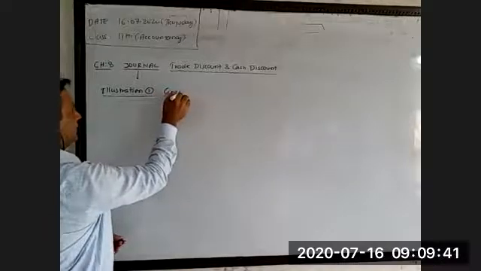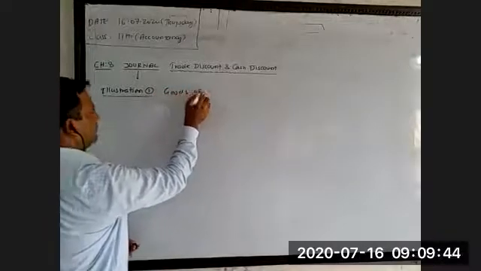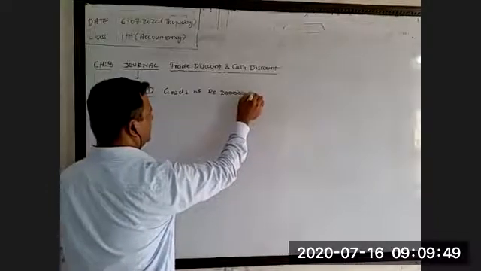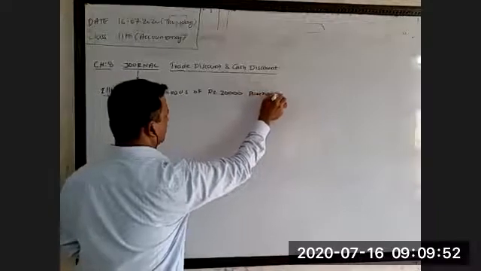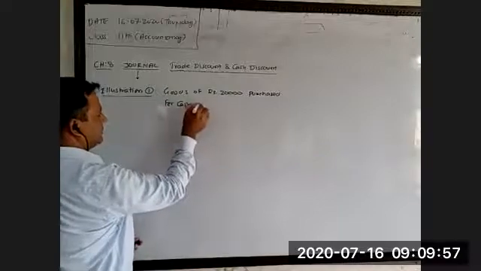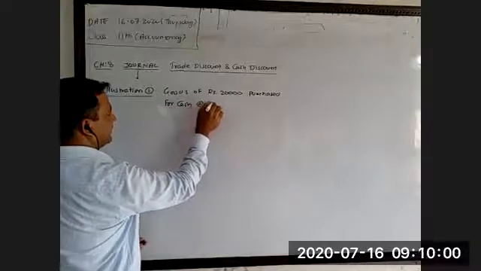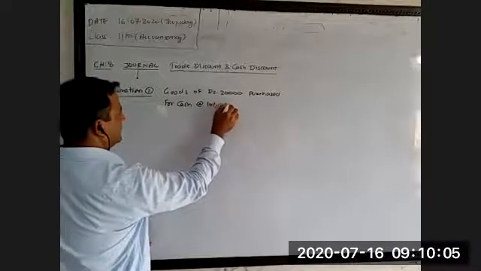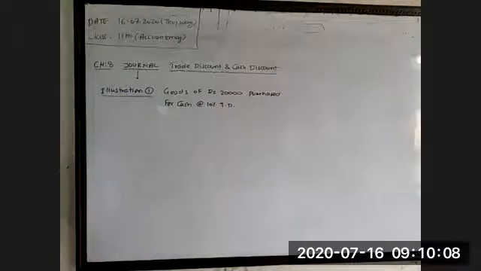If it is written, goods of rupees 20,000 purchased for cash at the rate of 10% trade discount, correct? Goods of rupees 20,000 purchased for cash at 10% trade discount.